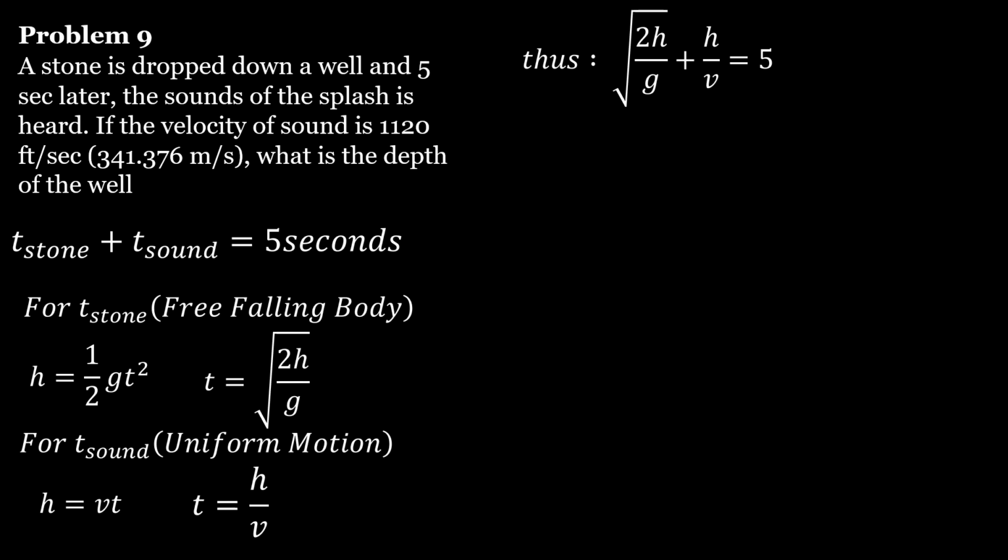Now we can do the direct substitution. Finally, we have our working equation: square root of 2h over 9.81 plus h over 341.376, which is equal to 5.